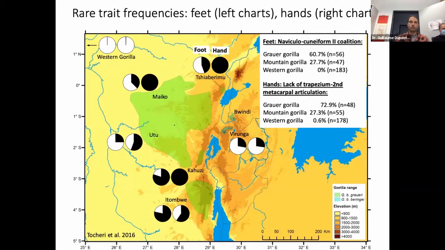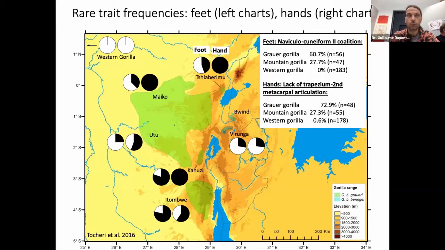So we established the frequency of these rare traits in the population of the Virunga, which represents the mountain gorillas, and in all major populations of the Grauer gorilla. And what we found is that both traits occur between 60 and 70% in the Grauer gorilla population, and at about a third in the Virunga population.